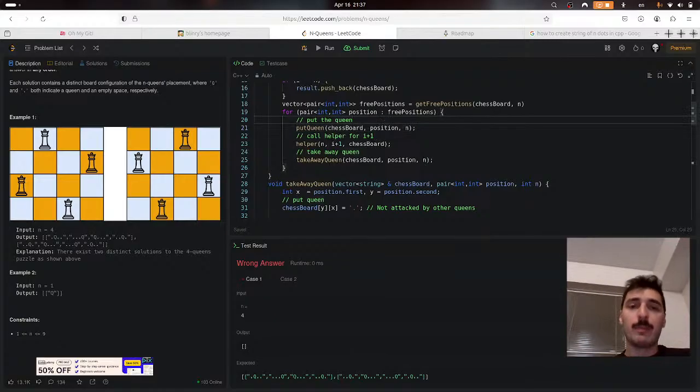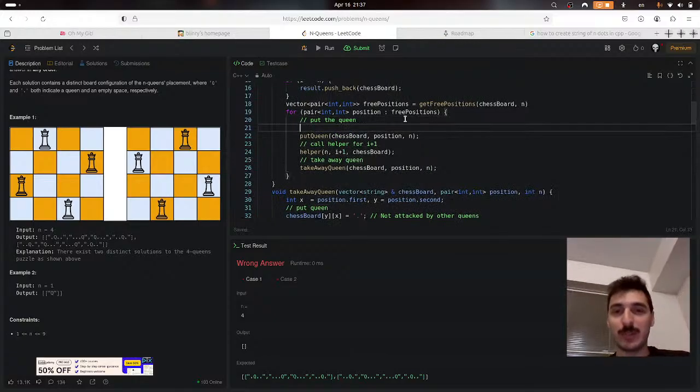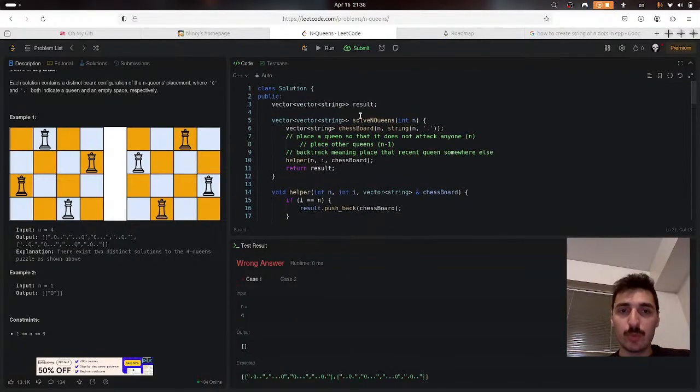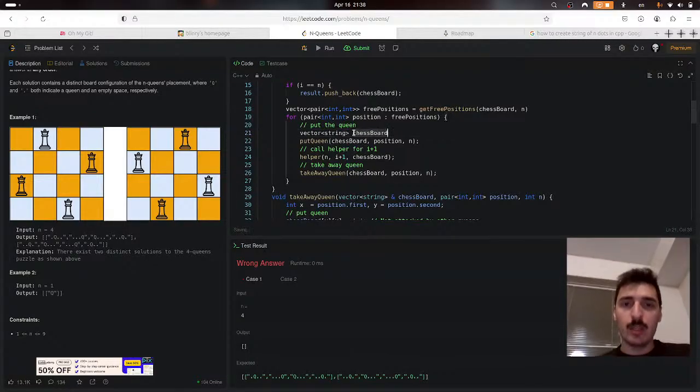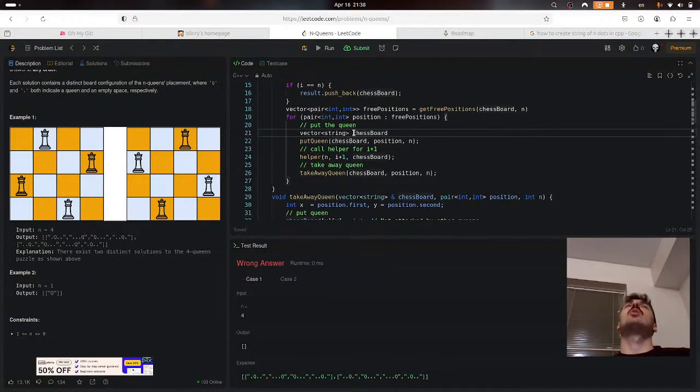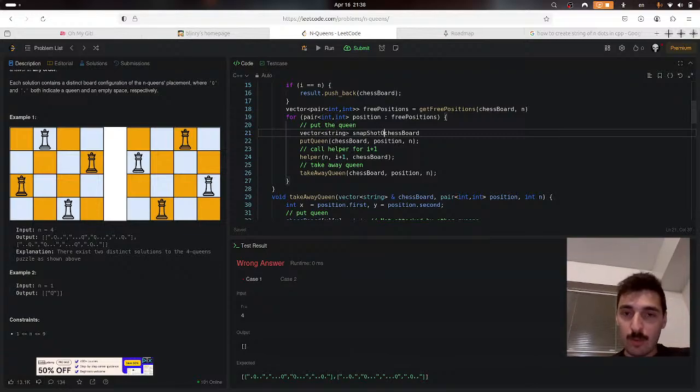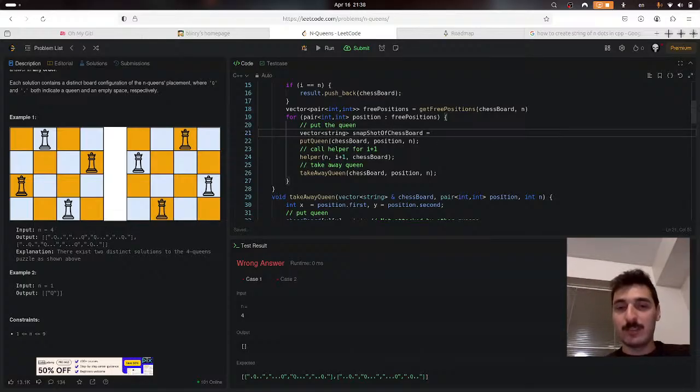Put queen. Before putting the queen, we need to save a copy of the chessboard. What is it called in virtual machine? Snapshot. Snapshot of chessboard. Yeah, buddy.